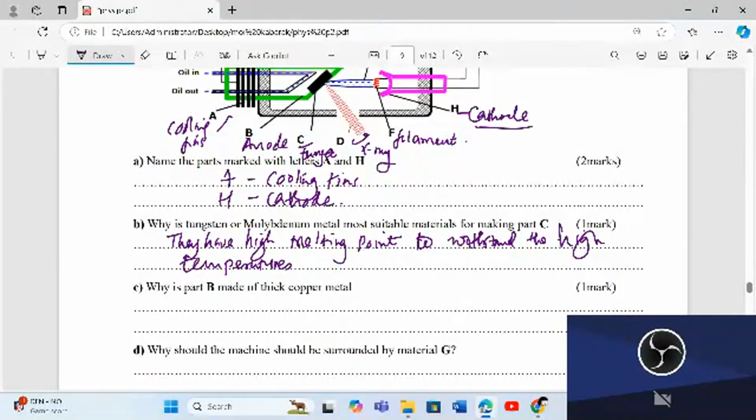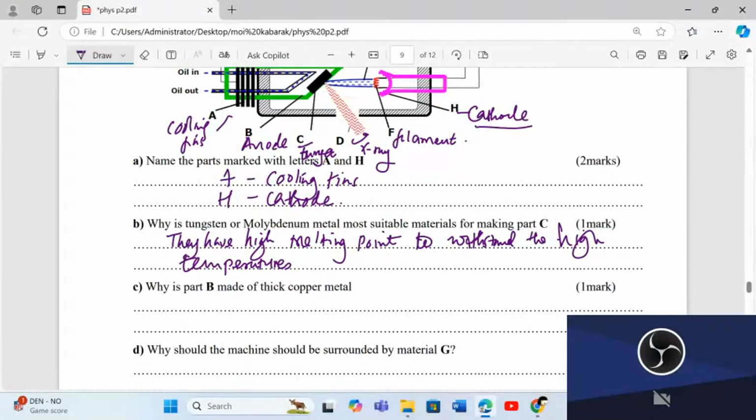Remember, we have said the materials making the metal targets are of very high melting points, meaning that there will be production of a lot of heat, and it needs to be conducted away. Therefore, it is thick to ensure efficient dissipation of it.